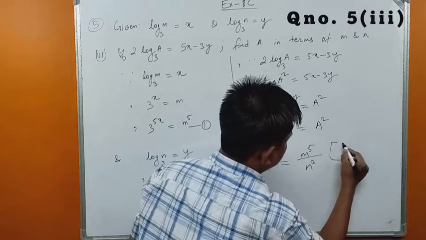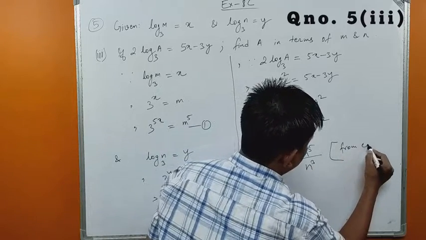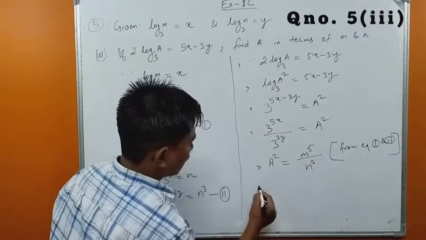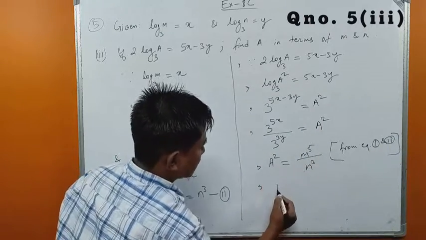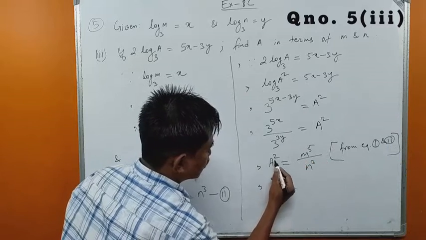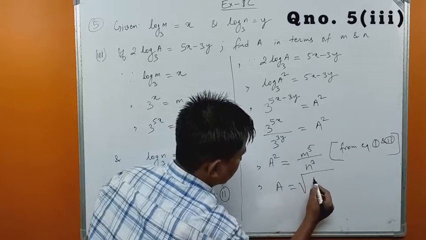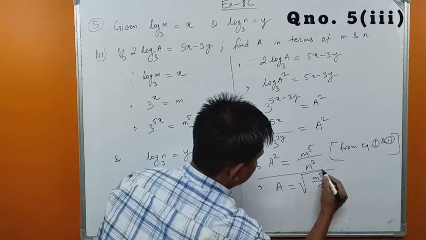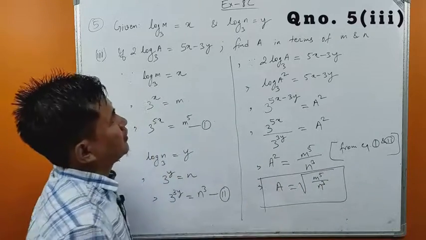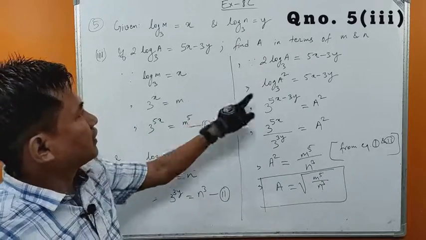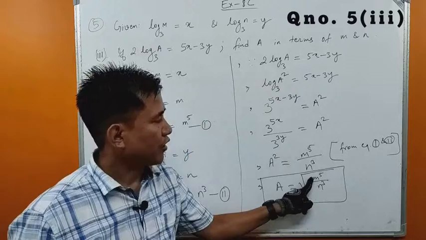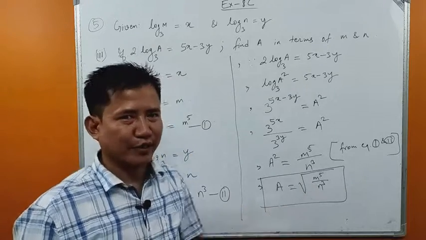This is from equations 1 and 2, okay. Or this square, if you take it to the right hand side, becomes a square root. A becomes root of m to the power 5 upon n cube, okay. So this is the answer for question number 3. We were asked to find the value of a, and the value of a is root under m to the power 5 by n cube, okay.